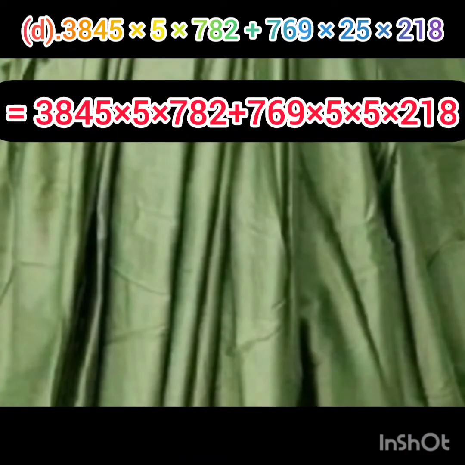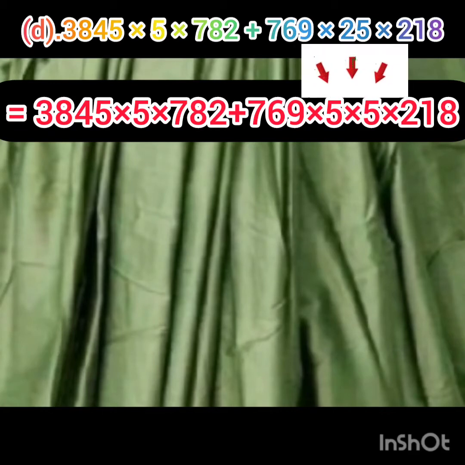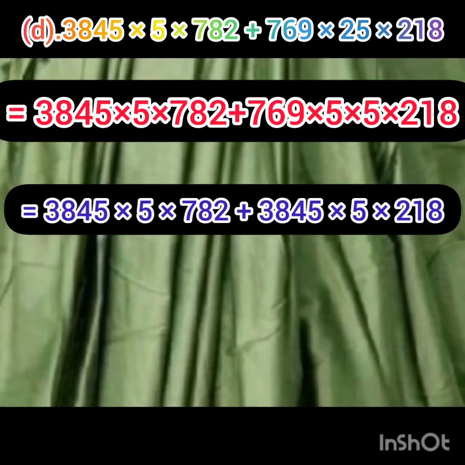Now you know very well we can write 25 as the product of 5 into 5. The product of 769 with 5 gives the result 3,845.